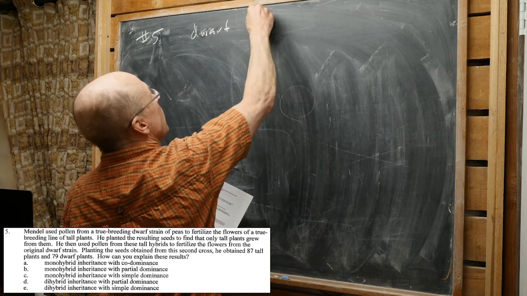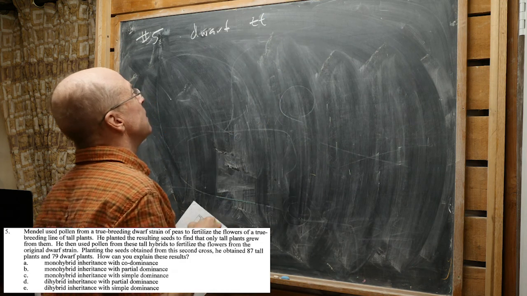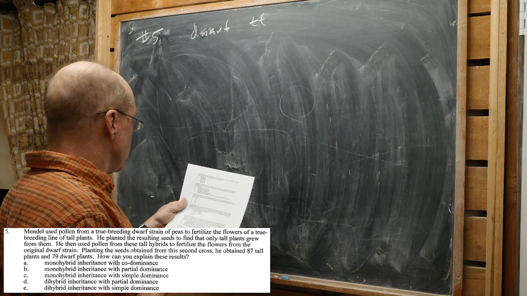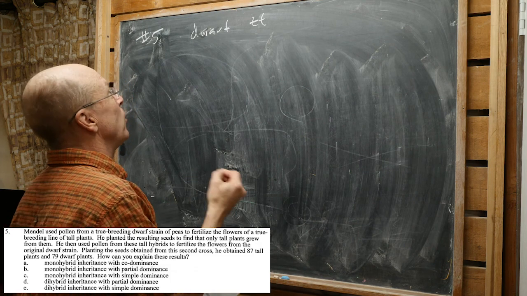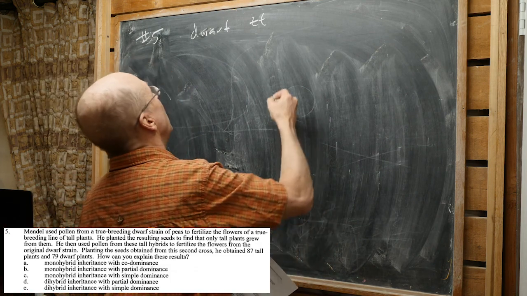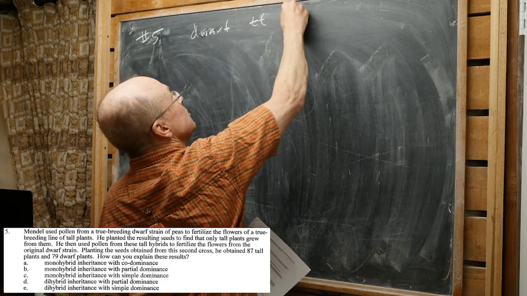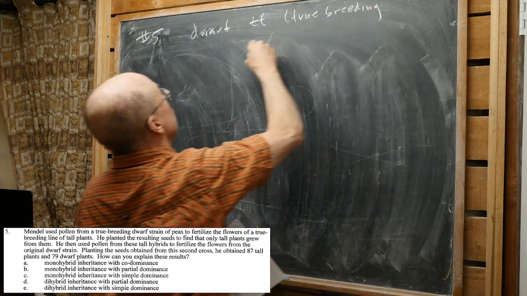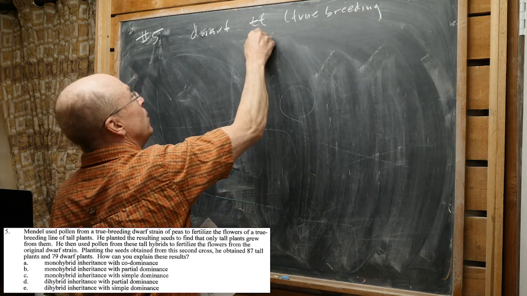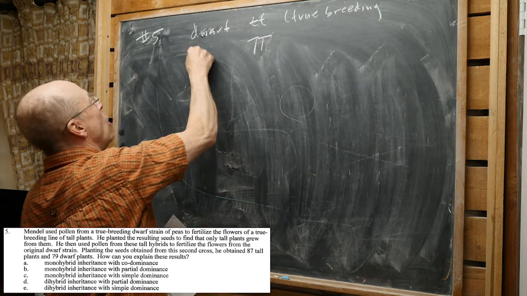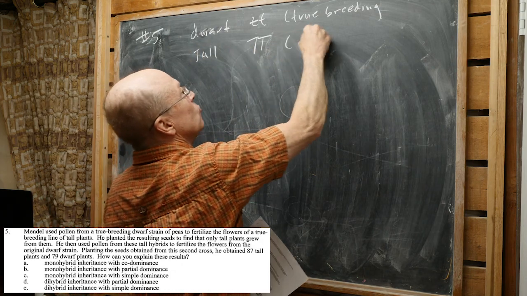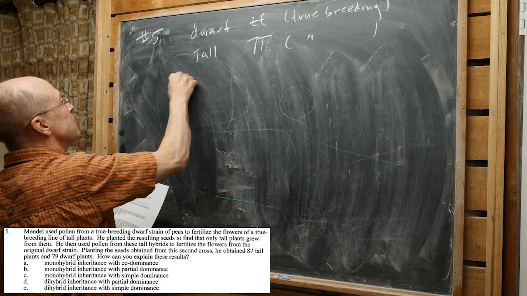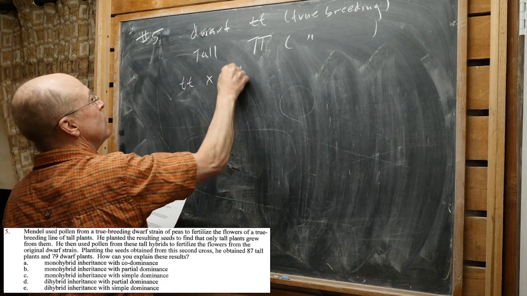So we have dwarf plants that look like this: little t, little t. He used those to cross with a true breeding line of tall plants, big T, big T. So what he did in his cross was he took this and crossed it with this.